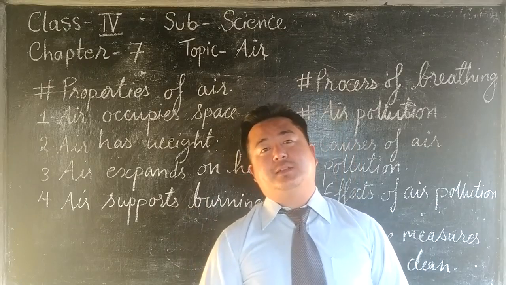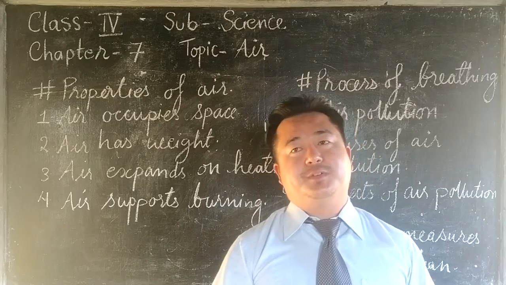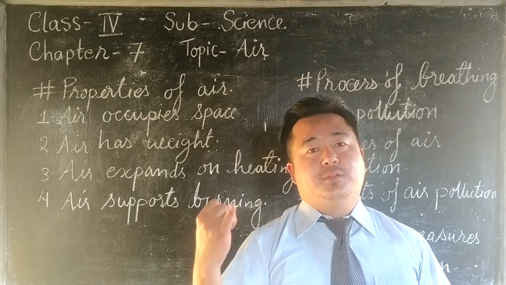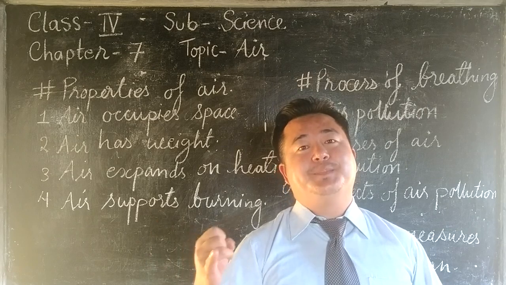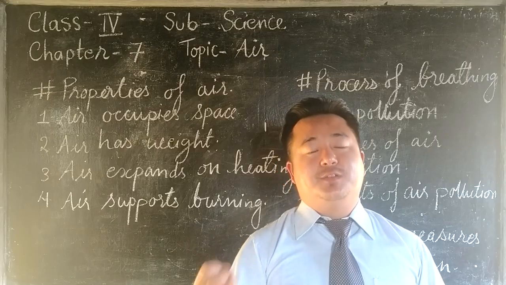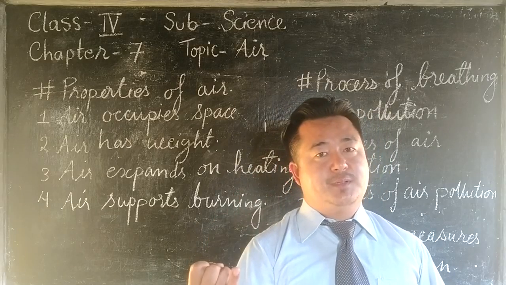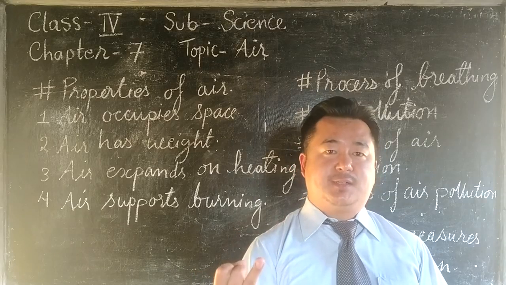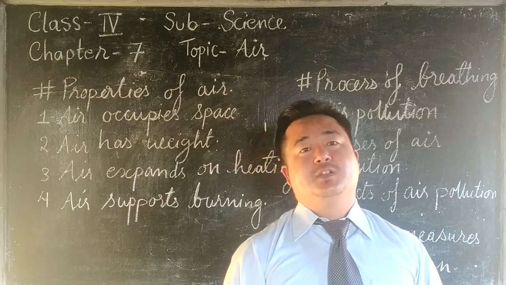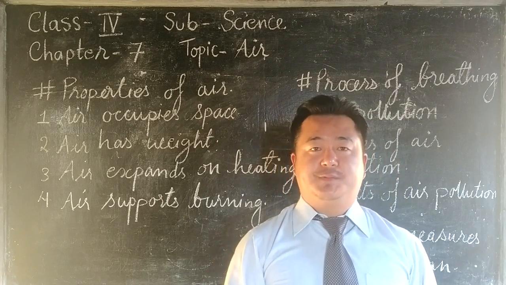Under natural causes, the quality of air decreases due to volcanic eruptions. The second one is dust storms, and the third one is forest fires. Because of these, the quality of air is reduced naturally.